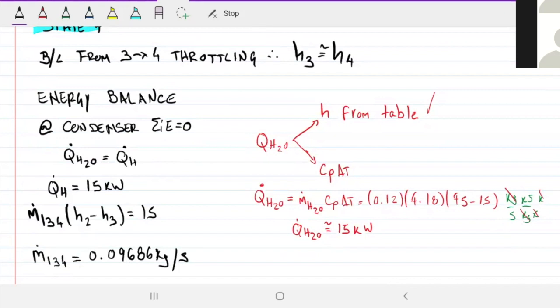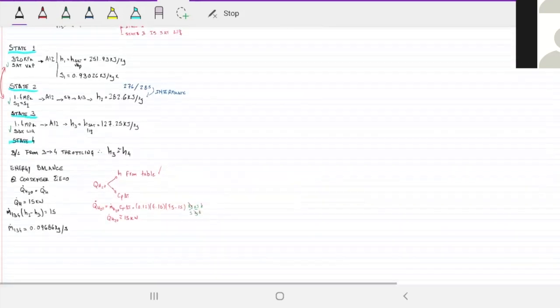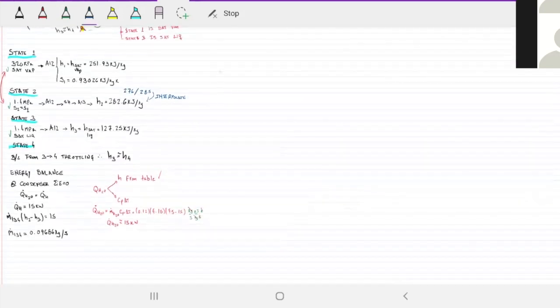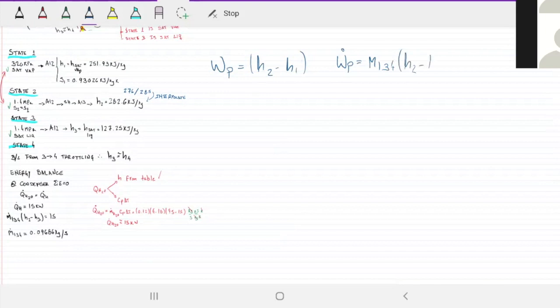With this, we can finally, once and for all, find the work required for my pump. Like we said before, I can find this by doing h2 minus h1, which gives me kilojoules per kilogram. Or I can find the power required, which is just the mass flow rate of the refrigerant going through it times h2 minus h1.